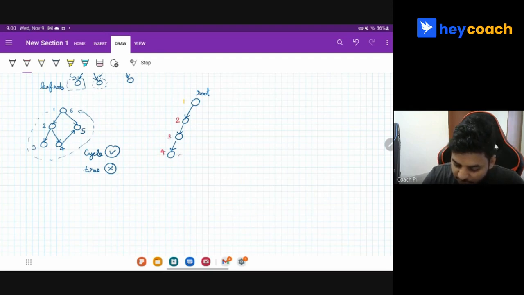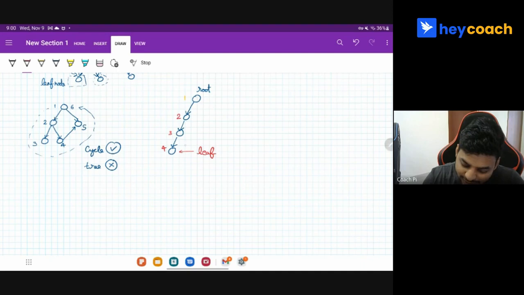This is a leaf node because it does not have any children, neither left nor right. So while traversing this particular graph, we are not visiting the root node again, right? Our path is ending here. So what we can see is that there is no cycle in this graph, and also this is a tree.